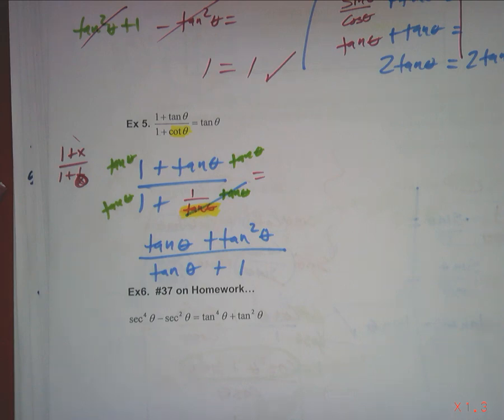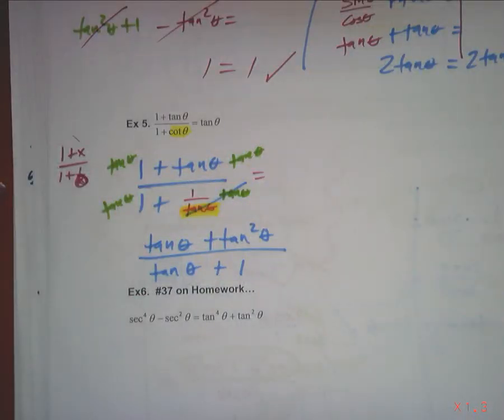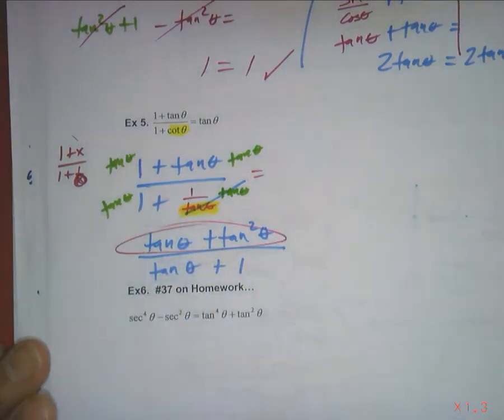What can we do to the top? I've got tangent plus tangent squared. Any ideas? Good guess, not square root. This is called brainstorming. We're just throwing out ideas right now.